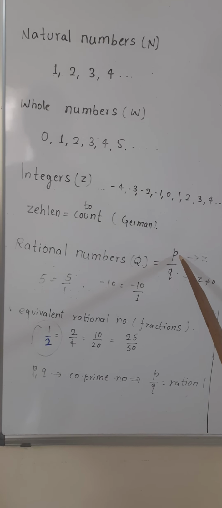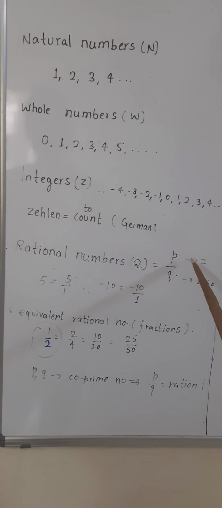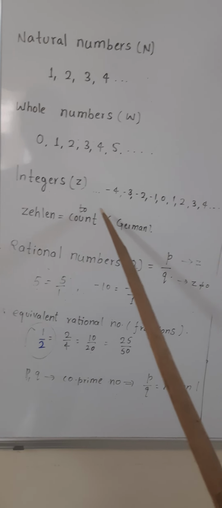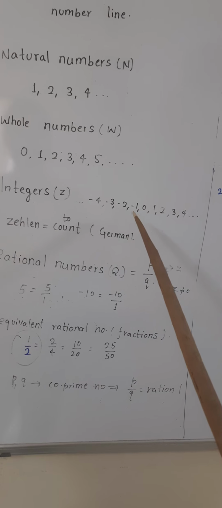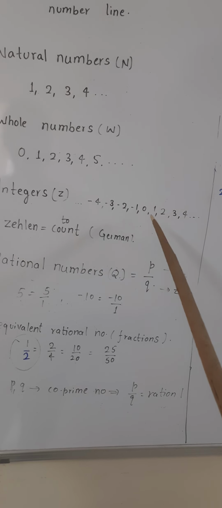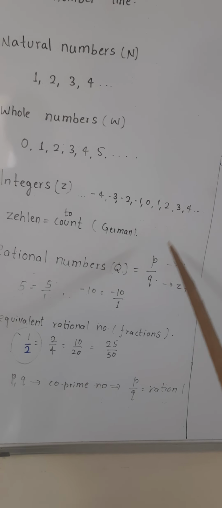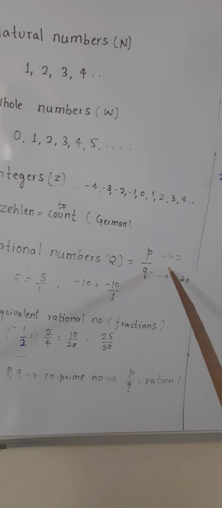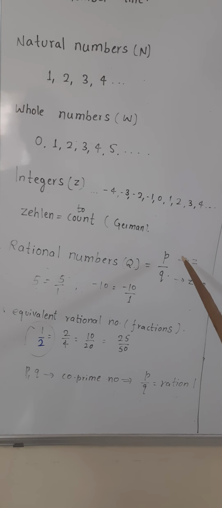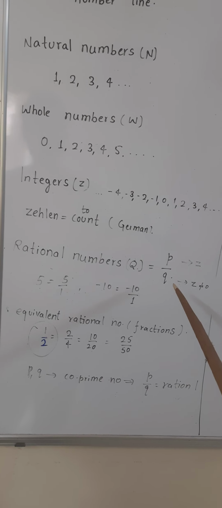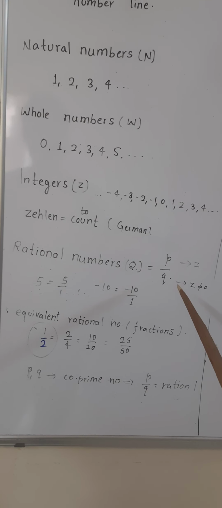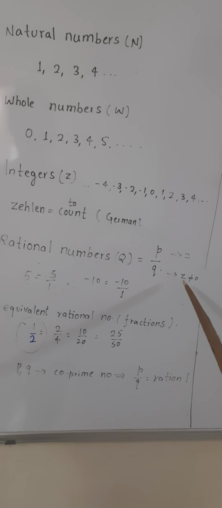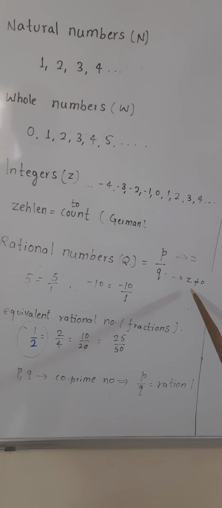P cannot be 1.2, it should be an integer only. When I say integer, it means it should be among these numbers only: 0, -1, -2, or 1, 2, 3, 4, like this. Similarly, Q should also be an integer. So rational numbers are the ratio of two integers, with the condition that the denominator should never be 0.